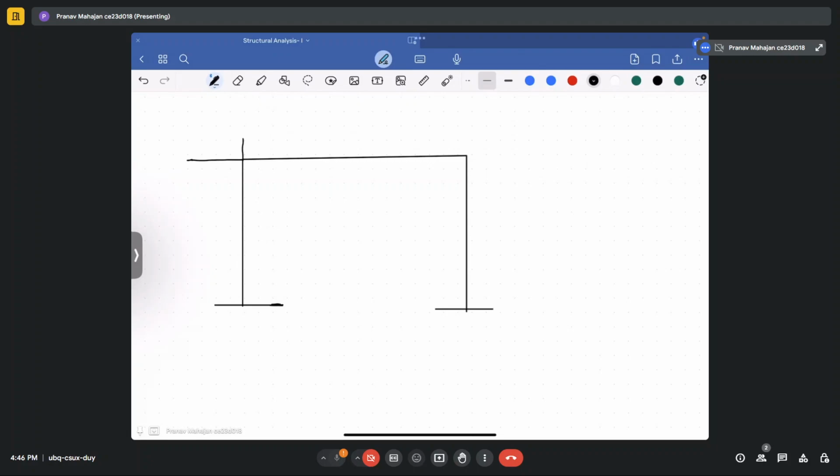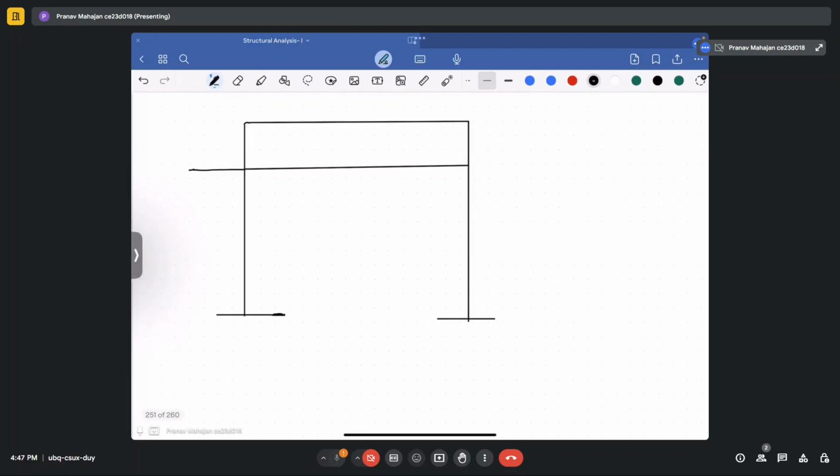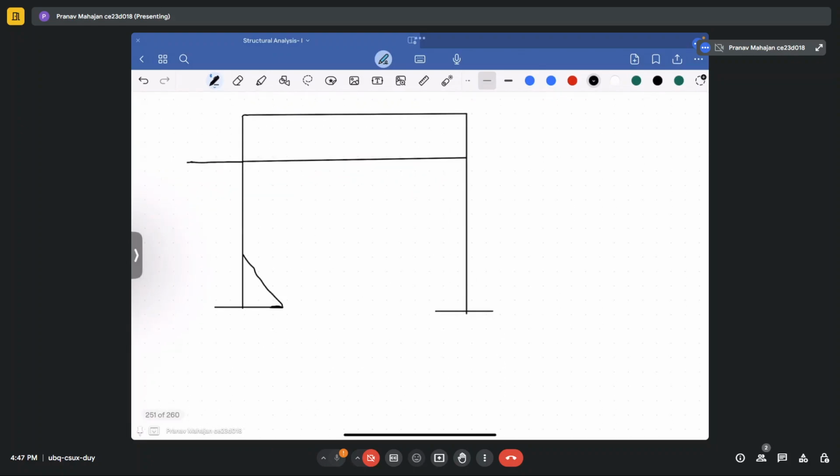So 50 and 50 will be divided same, so here it is also 50, and here it is also 50. Yeah, same in another side.